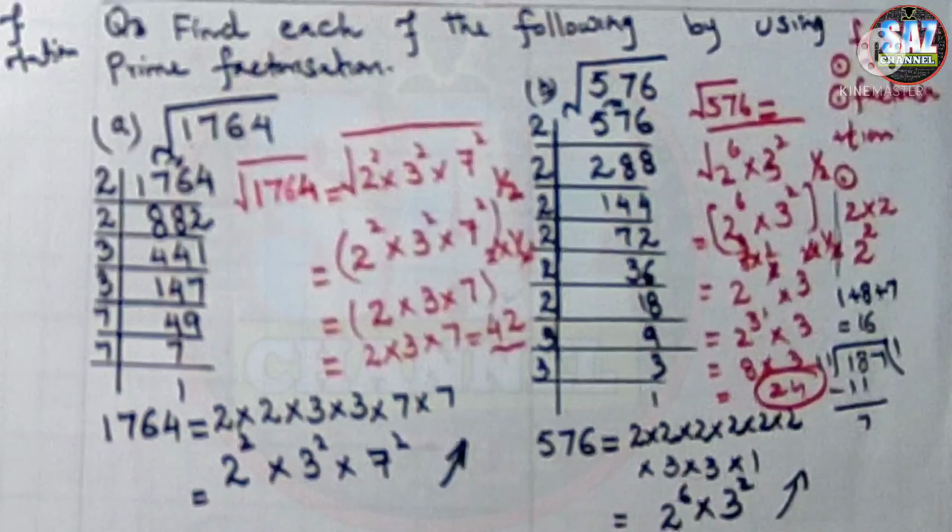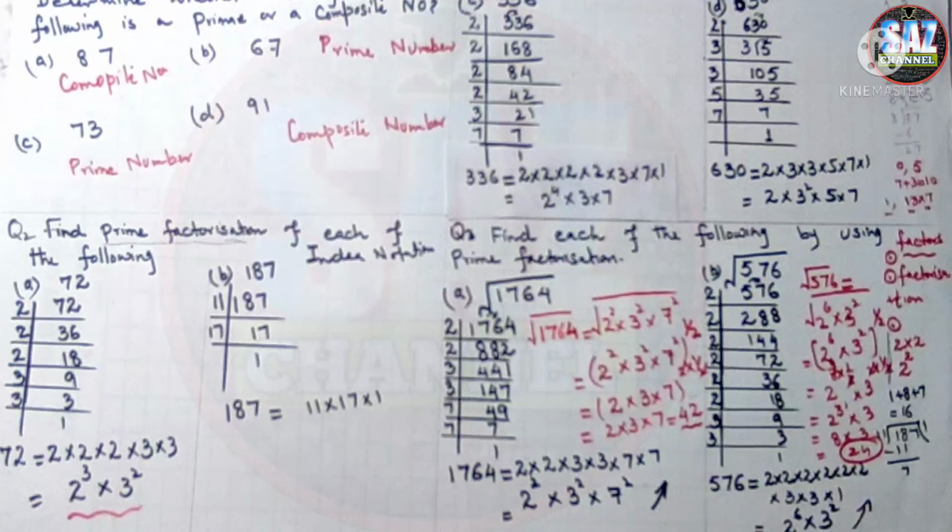Students, I hope you are really clear about today's class. In this class we have learned how to decide the classification of numbers, whether a number is a prime number or a composite number, by applying the tests of divisibility.